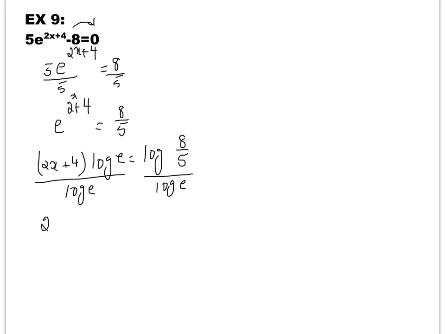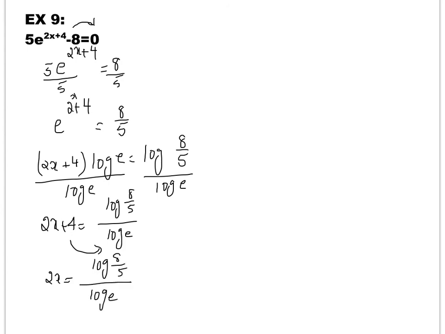Now I'm going to divide by log e. So I get 2x plus 4 is equal to log 8 over 5 over log e. From here I move 4 to the right, so I get 2x is equal to log 8 over 5 divided by log e.